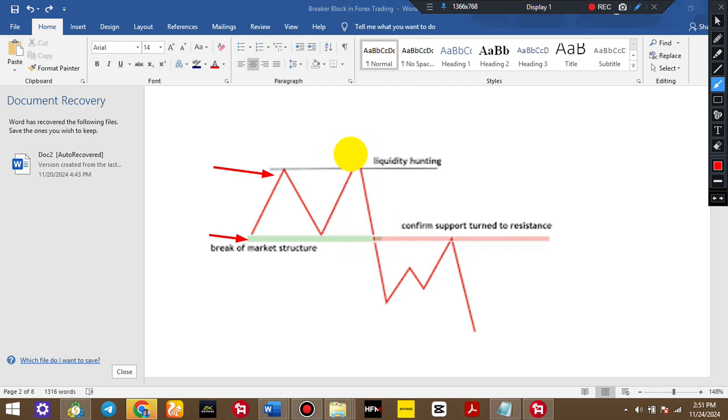Here becomes our new supply zone, and here becomes our breaker block because initially it was an area of support for price, right? It was an area of support for price, but immediately price breaks below it, definitely it will be acting as resistance, which we also call a flip zone. When you hear flip zone, it's where a support becomes a resistance or a resistance becomes a support.